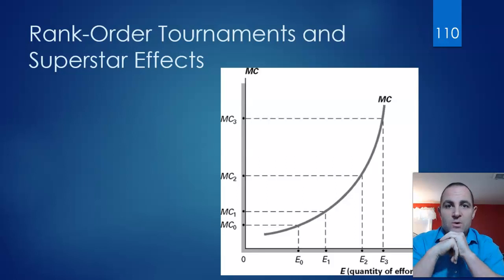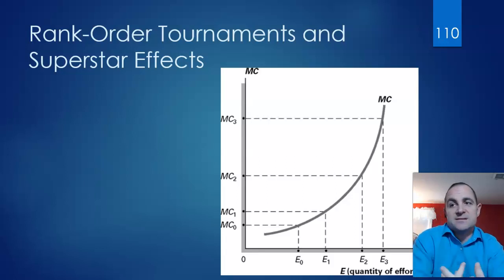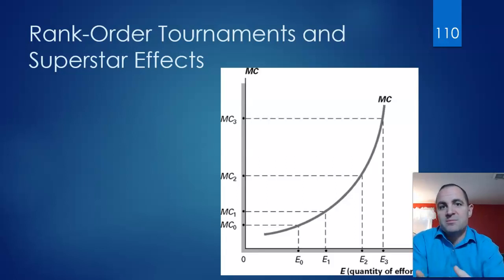If there's not much of a difference in prize, they're going to say, all right, whatever, I'm going to win this much either way. I'll do good, but there's not that much on the line. But by having that big difference, you have players that are really putting out a lot of effort.